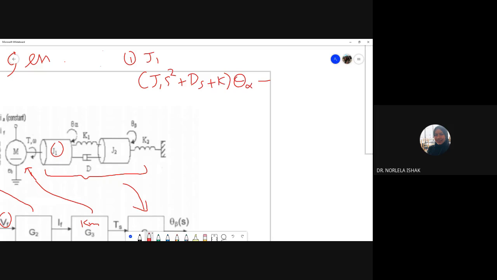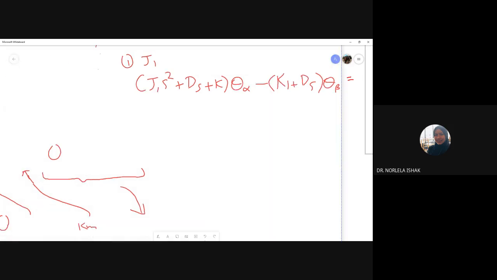Minus with apa? K alpha B. Yeah. Minus dengan K1 plus DS theta beta. Betul tak? And then equation ni sama dengan apa? Torque dia dekat mana? Where is our torque? Kita punya torque is a link to theta alpha, kan? Link dekat sini, kan?